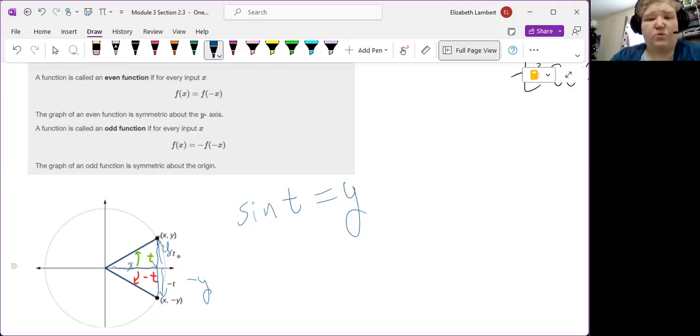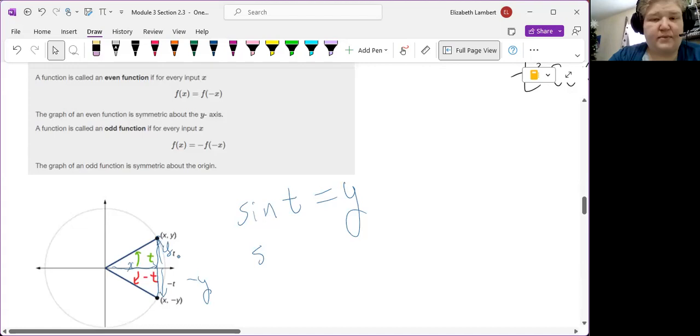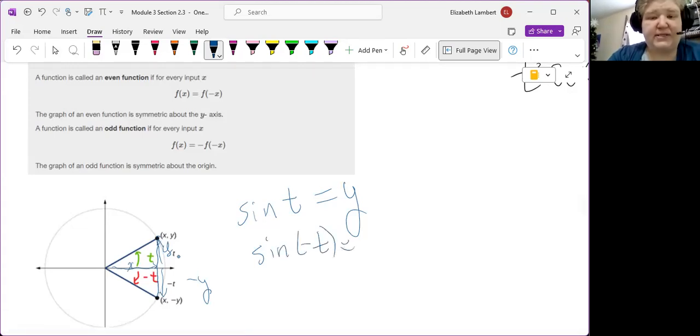So sine of t is y. Sine of negative t is negative y. All right, so sine of t is not equal to sine of negative t. So we are not even.